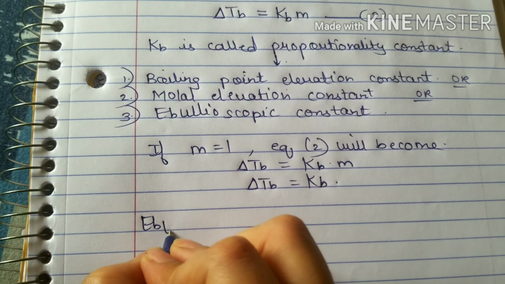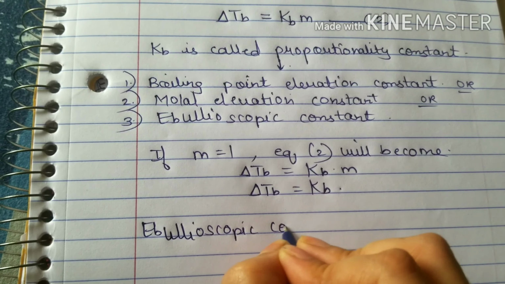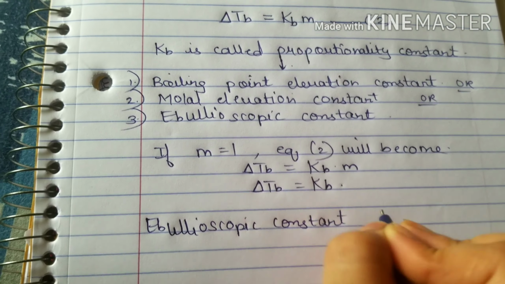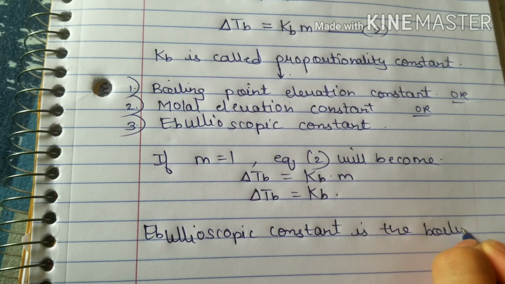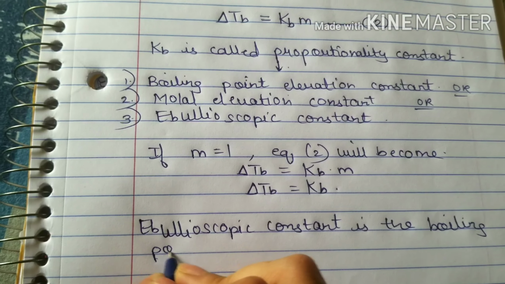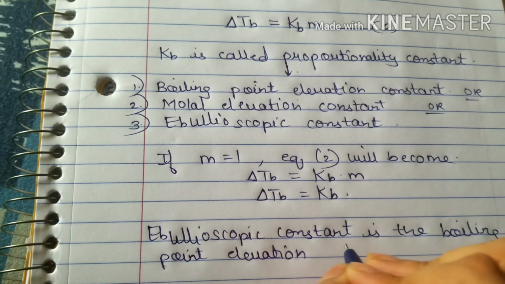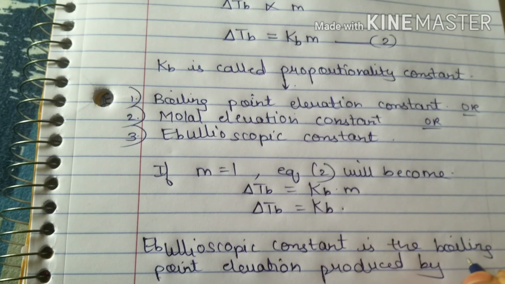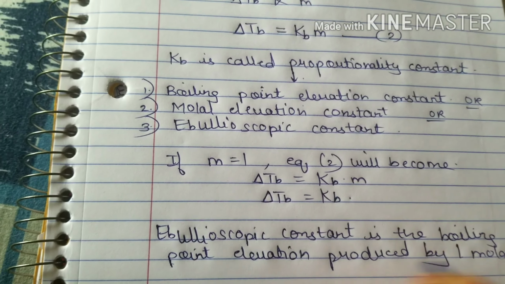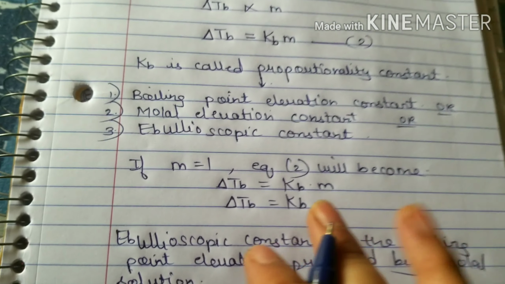The ebullioscopic constant is the boiling point elevation produced by 1 molal solution. Okay, so what did we do?